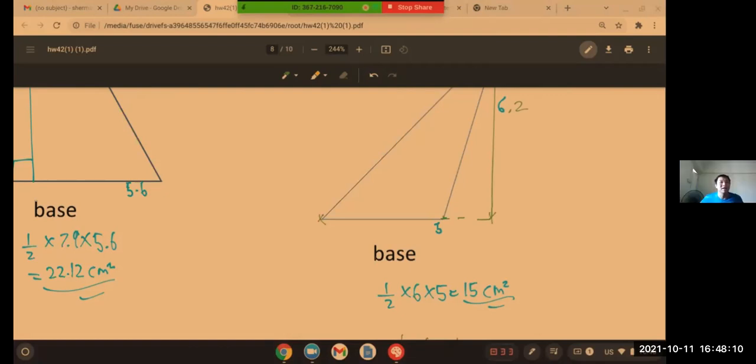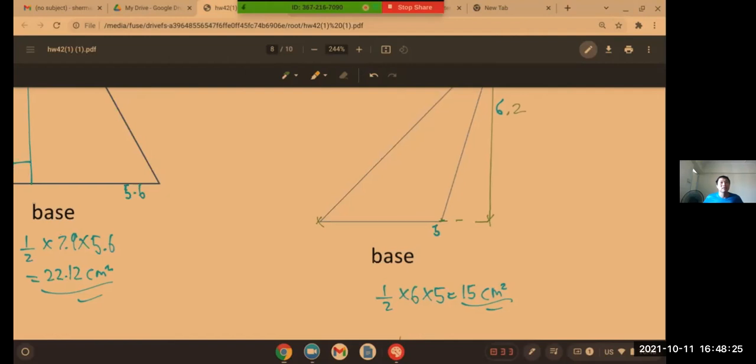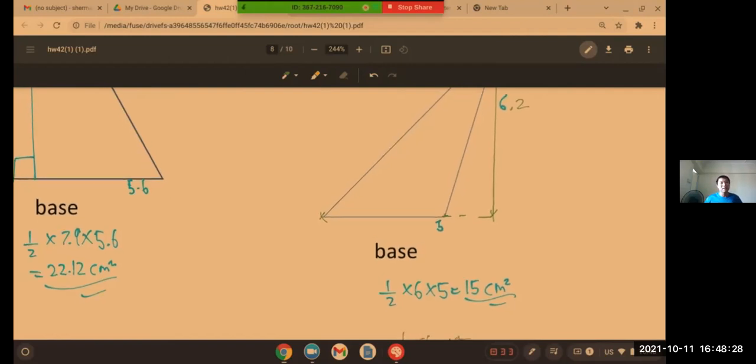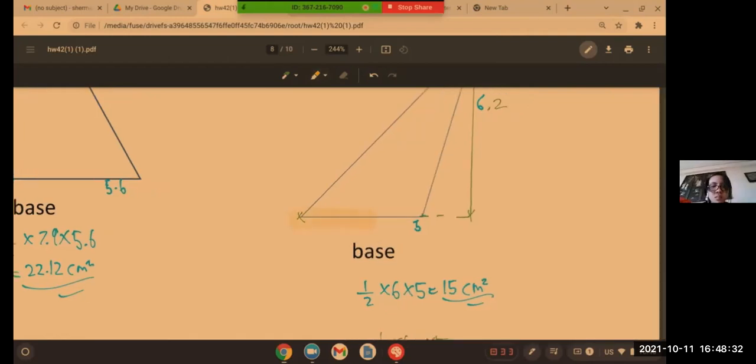Are you sure? Are you sure the height in this question is out of the figure? Are you supposed to measure the base out of the figure? Are you sure? Can you highlight the base to me? Just highlight the base. Are you supposed to measure until the other cross?